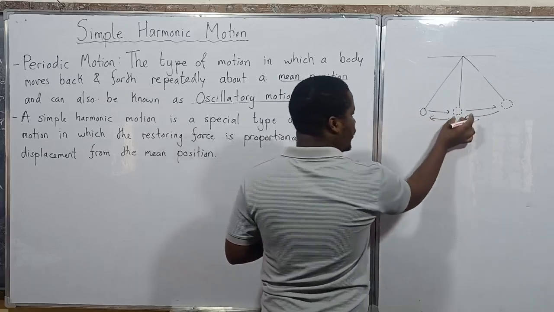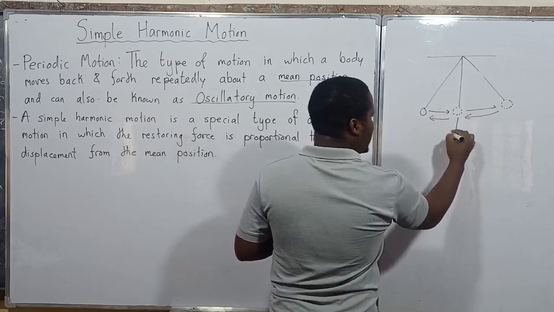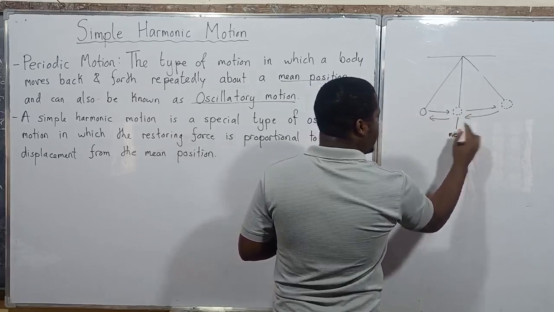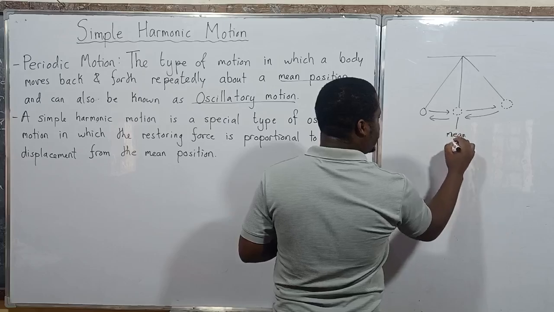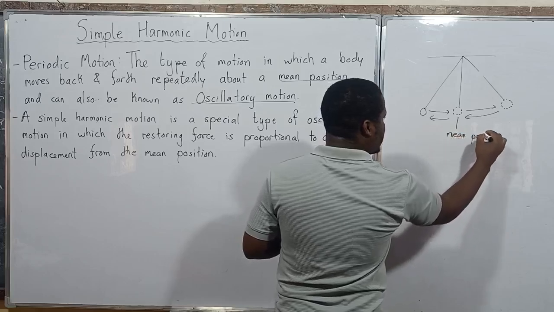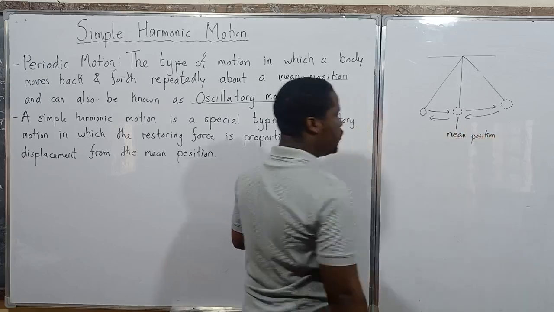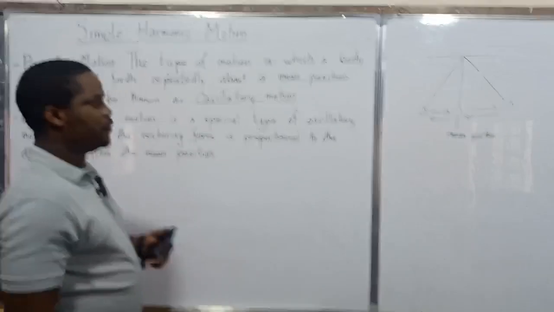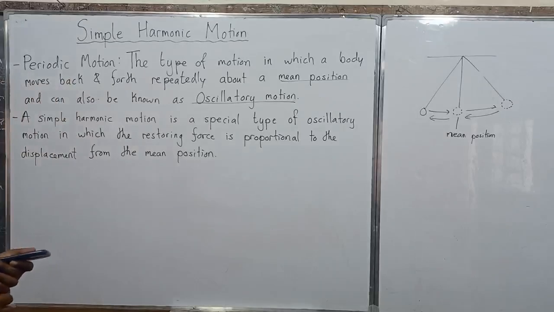Now, this position is known as the mean position. Why is it called the mean position? Because this is the position at which this bob or object attached to the string is going to rest when it is not in motion. So that is known as the mean position, also known as the resting position.